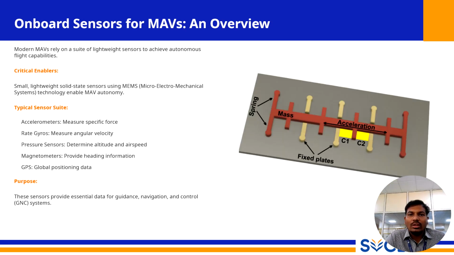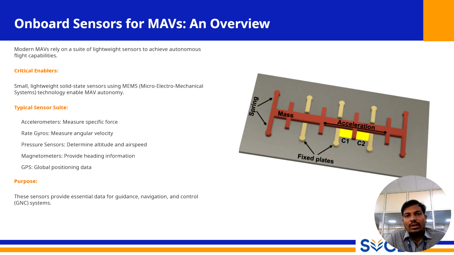To navigate the real world and compensate for factors like wind, a drone needs to be able to sense its motion and its surroundings. This brings us to the topic of onboard sensors that make this possible.